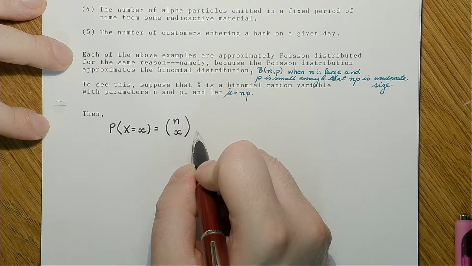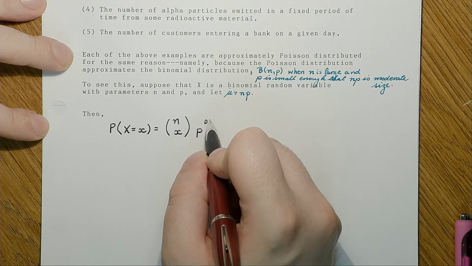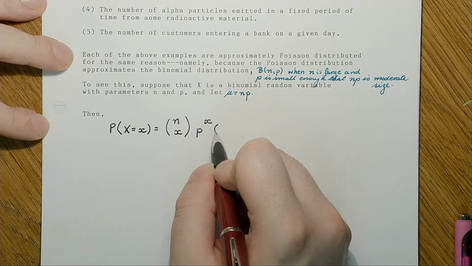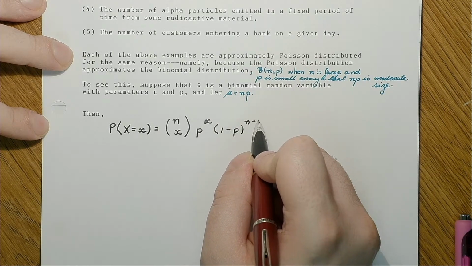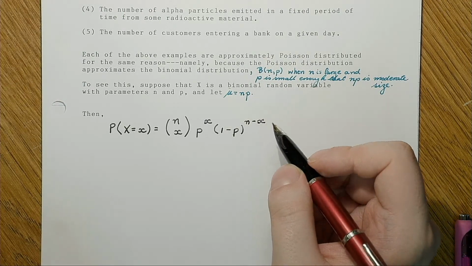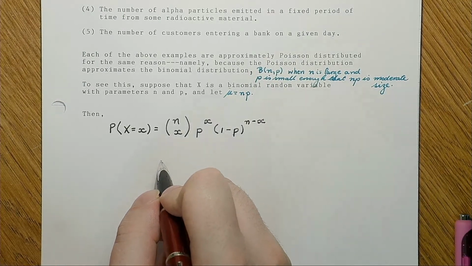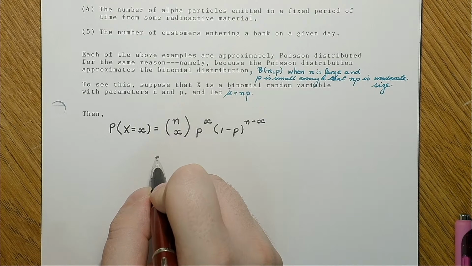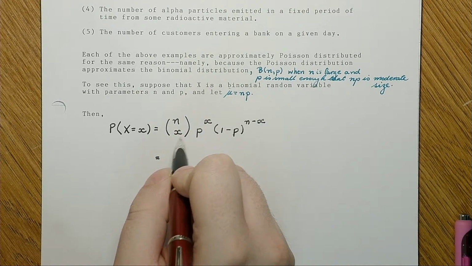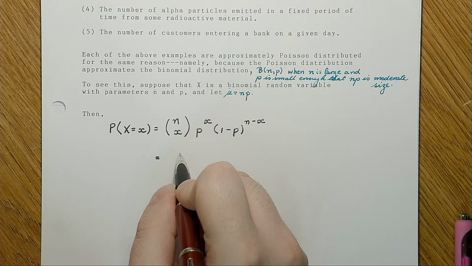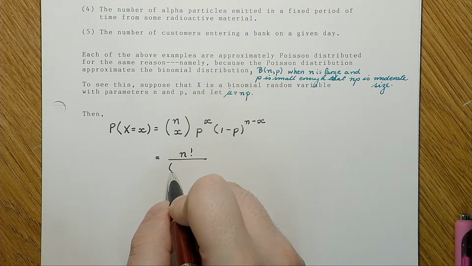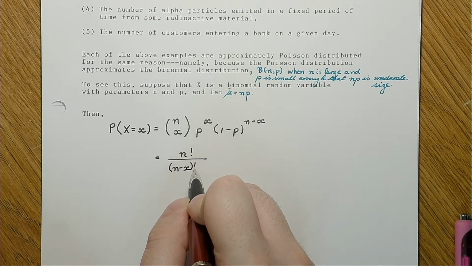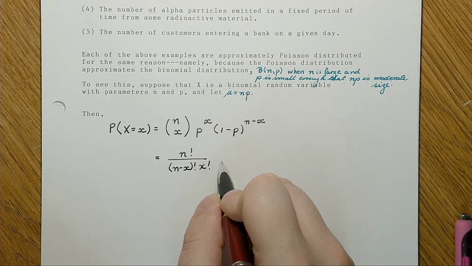We have n choose x times the probability of success to the x, 1 minus p, so that's our failure, to the number of trials minus the number of successes. So what I'll do is write this out more explicitly. I have n factorial over n minus x factorial.